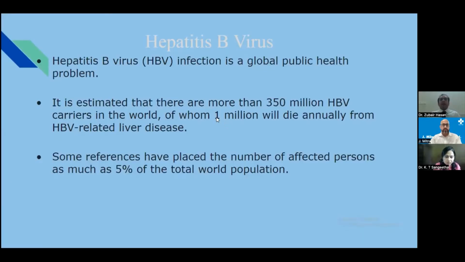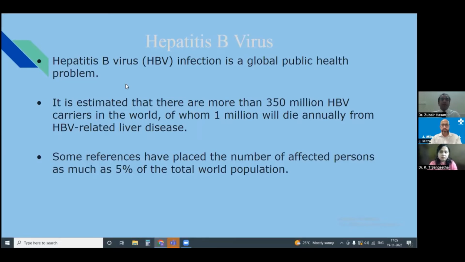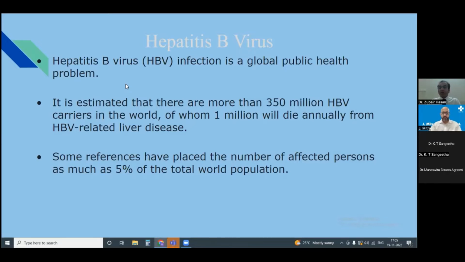So, a little bit about hepatitis B virus. It is a global public health problem. There is no denying that, right? There are an estimated 350 million HBV carriers in the world, of whom 1 million die annually with diseases.